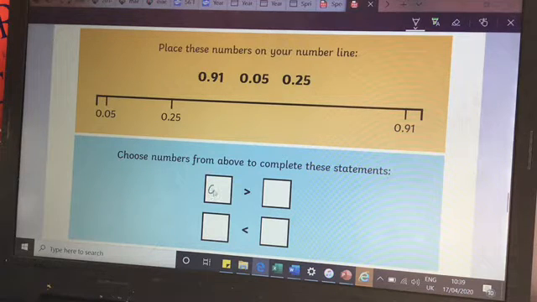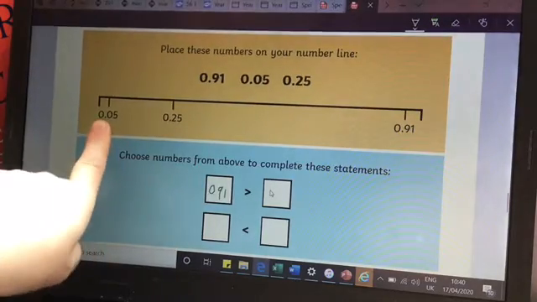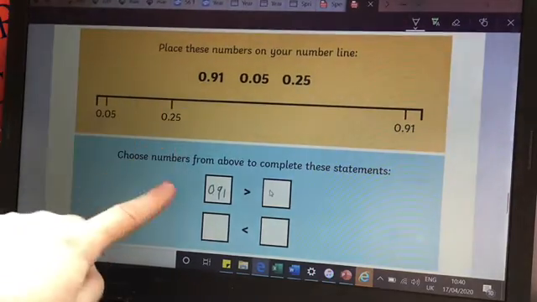I'm going to put 0.91 is greater than, and what number are you going to put in the next box? Yeah, you could have put any of the numbers, couldn't you? It's greater than 0.25, and it's also greater than 0.05.